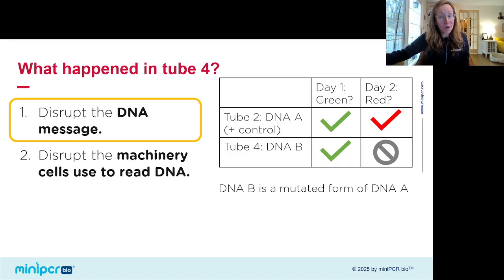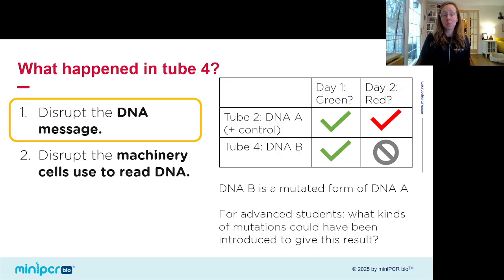Well, that's a great question to ask your students. If you've taught them anything about mutations, they should be able to generate ideas about what type of mutation might have led to the observations that we made here. I'll tell you for your own information that we basically deleted the entire protein coding sequence to turn DNA A into DNA B. But you don't have to tell your students that.